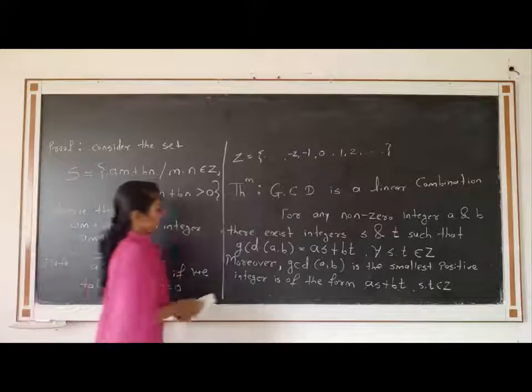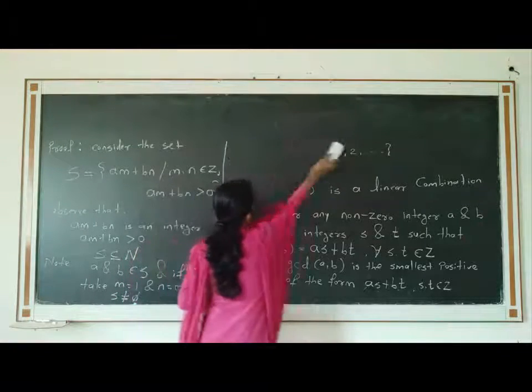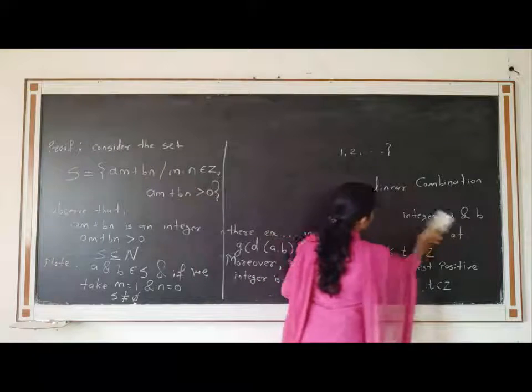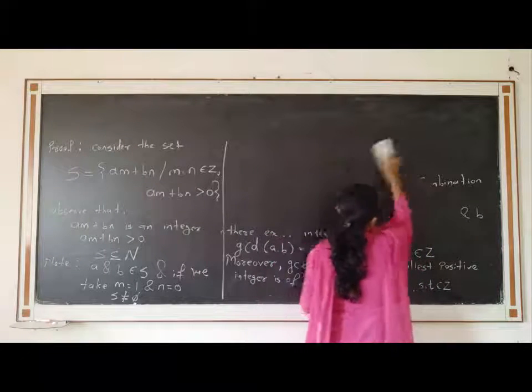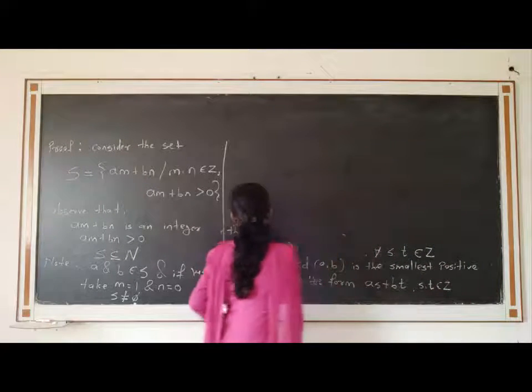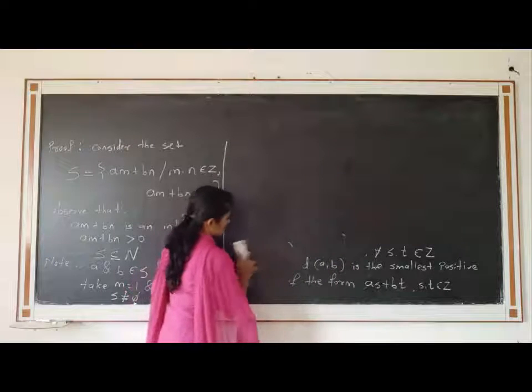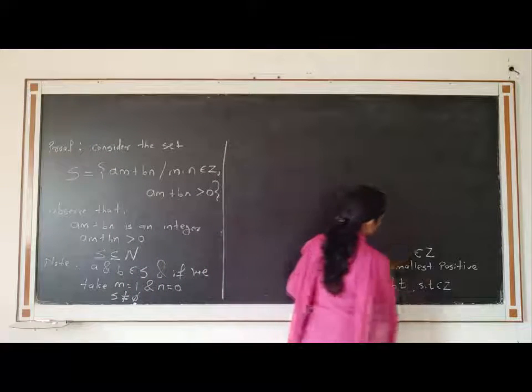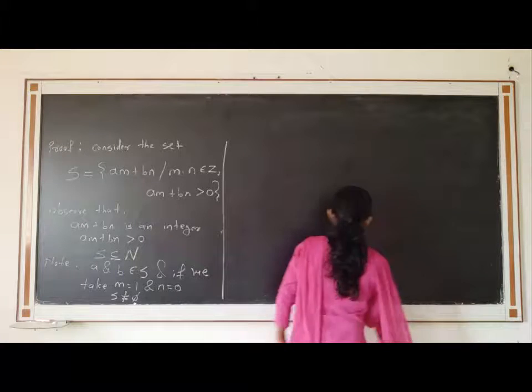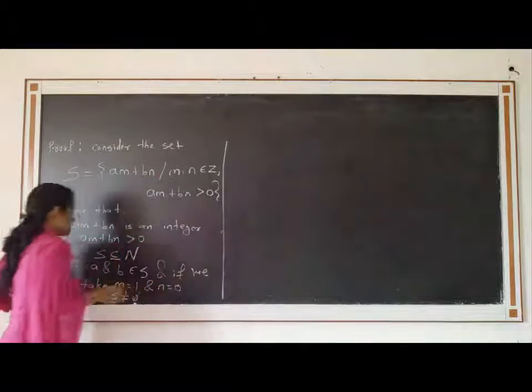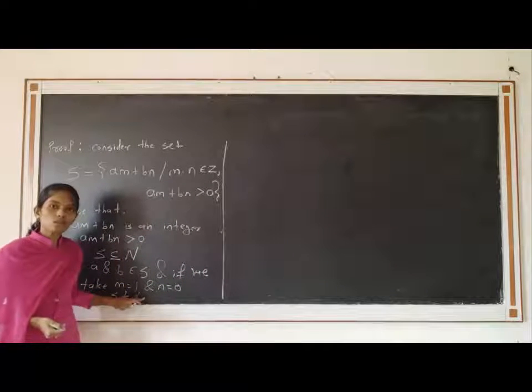Okay. Now we all know the well ordering principle. Every non-empty set of positive integers contains a smallest member. Now see here, we showed that S is non-empty.